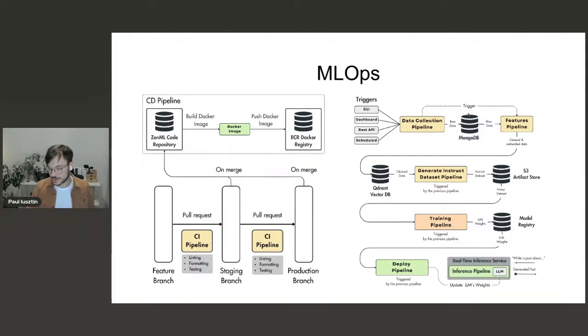Because we are using an orchestrator, the data collection pipeline can trigger the next one, the RAG feature pipeline, which will know to take the latest part of the raw data from MongoDB, or we could even version it and tell it, hey, I want a specific version from MongoDB, to take it and create features out of it.